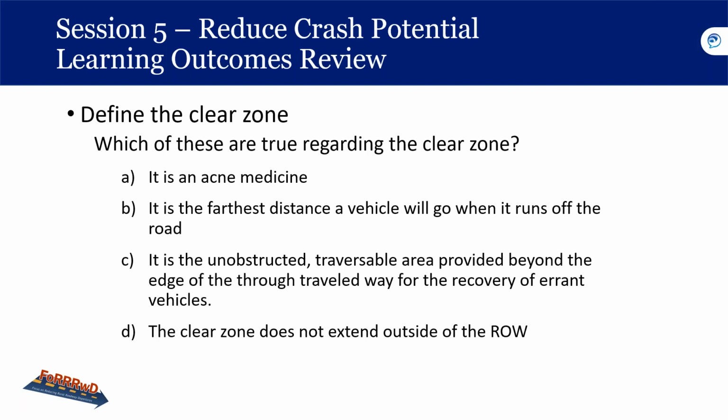So what do we think here? A, B, C, or D? So Ray, multiple people are typing in answer C. All right. Well, I think they nailed it, don't you? So C is definitely the correct answer. You would find that exact definition in the AASHTO Roadside Design Guide.